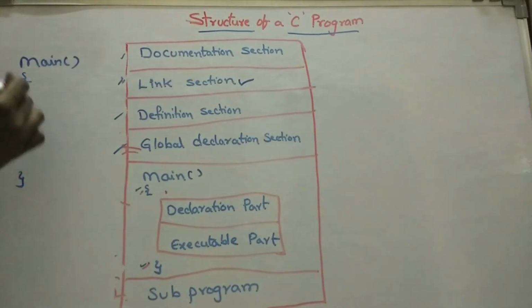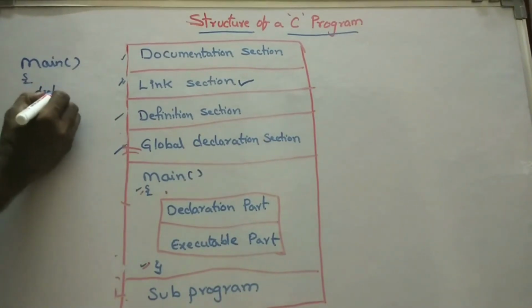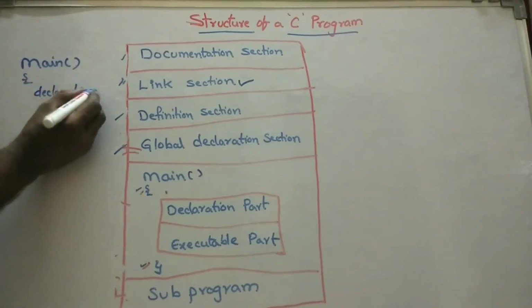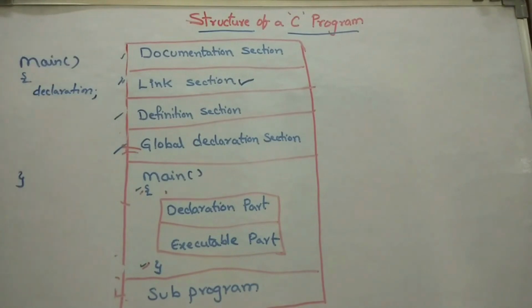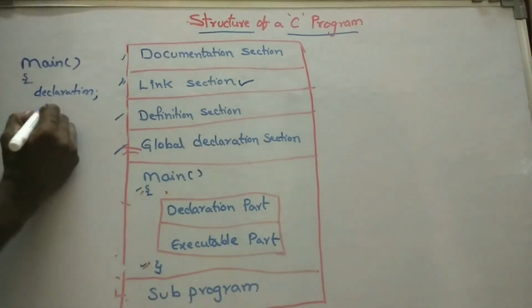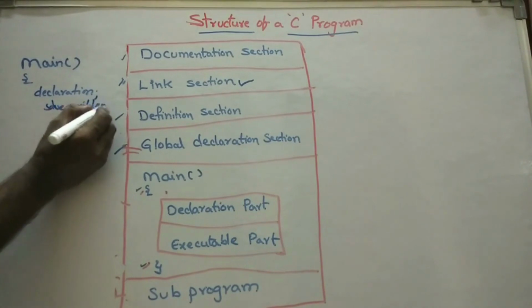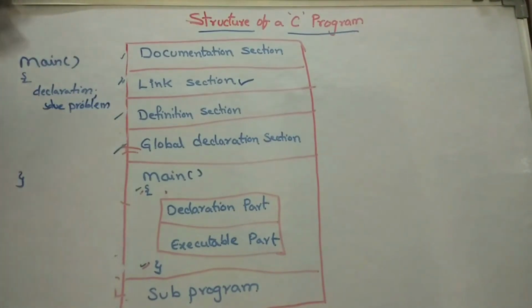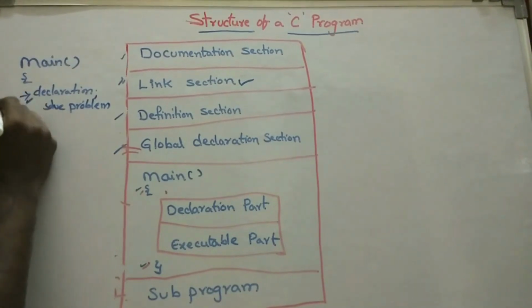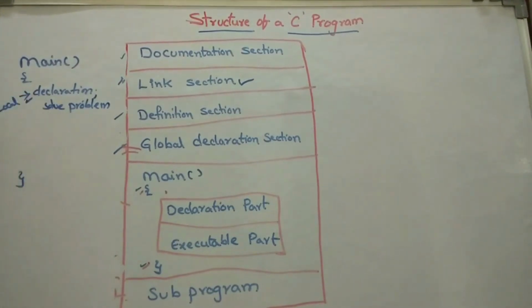Here again the main method is divided into two parts. One is the declaration part. In the declaration part, what variables are required to solve your problem? All the variables we can declare here. That means this declaration is called a local declaration.